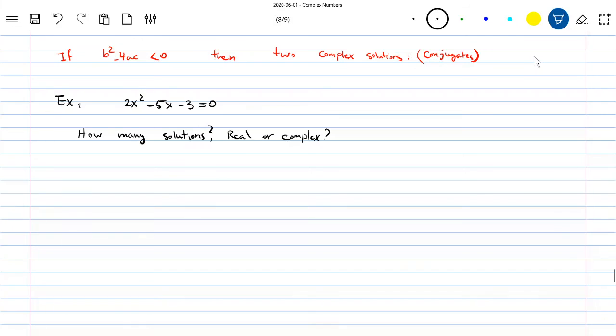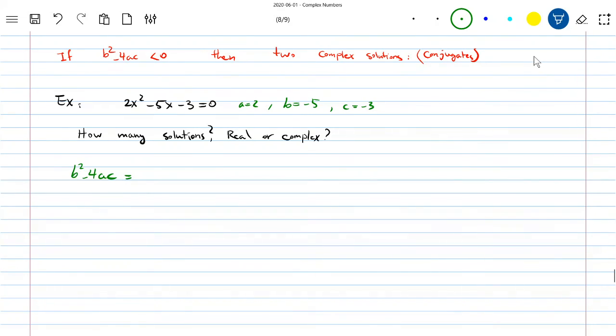There may be two solutions. There may be one solution. It could be complex or real values. So let's find out what the discriminant is. I want to find b squared minus 4ac, where a is 2, b is -5, and c is -3.